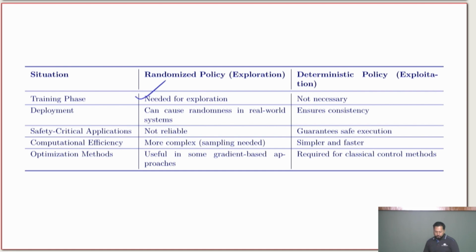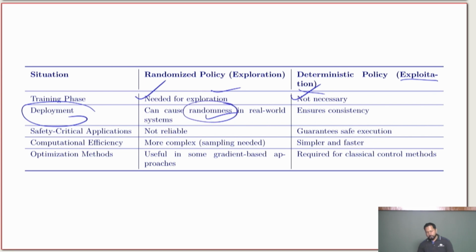Whereas if you have a deterministic policy, then obviously it's not. So basically, you are only exploiting in that case. So a randomized policy helps in your exploration, but can cause randomness in real world systems. So during deployment, a randomized policy is not good because it can create randomness.